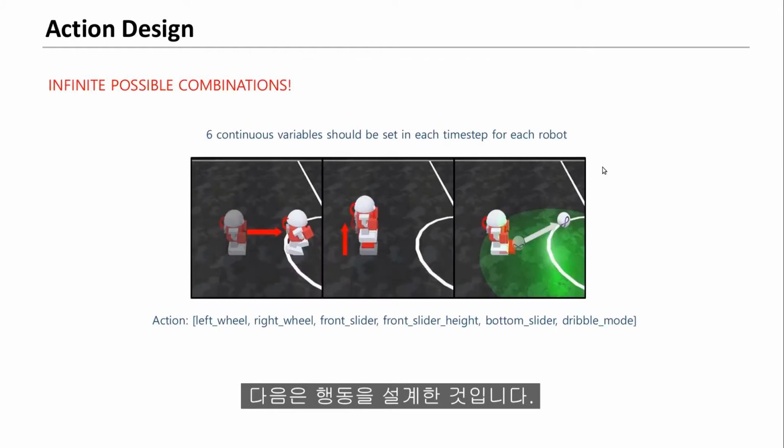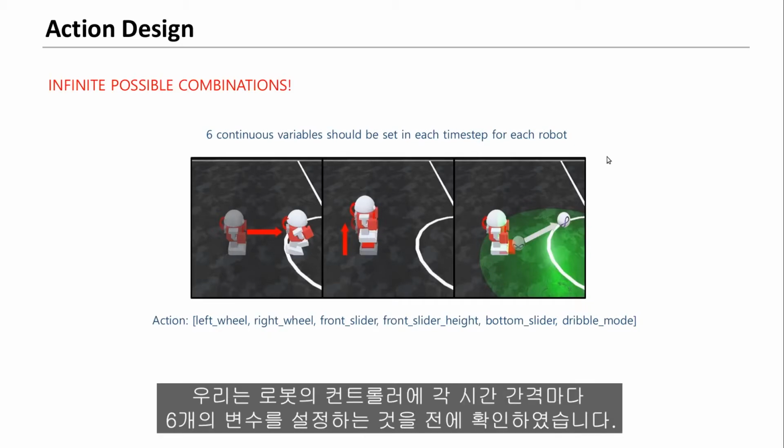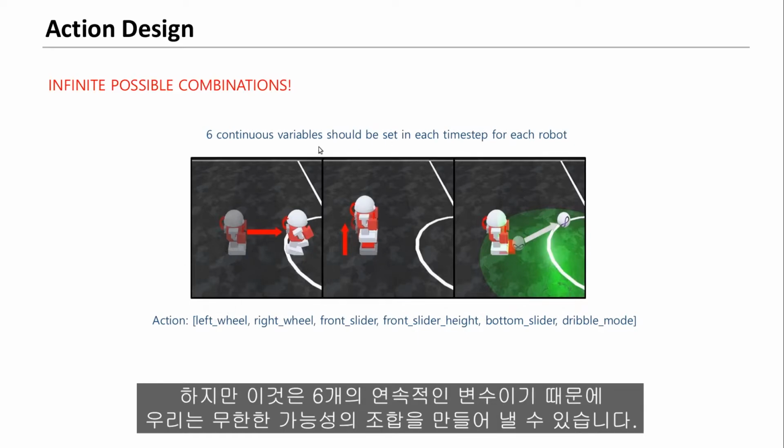The next is designing our action. We saw before that to control our robot, we need to set 6 continuous variables in each time step for each robot. But as these actions are continuous, there are infinite possible combinations in this action set.